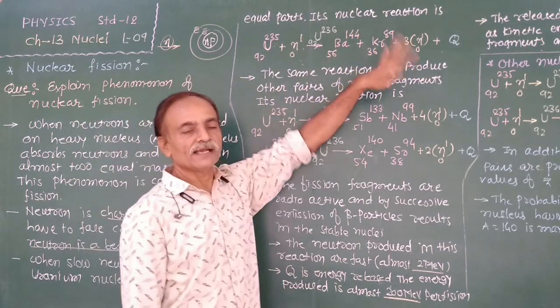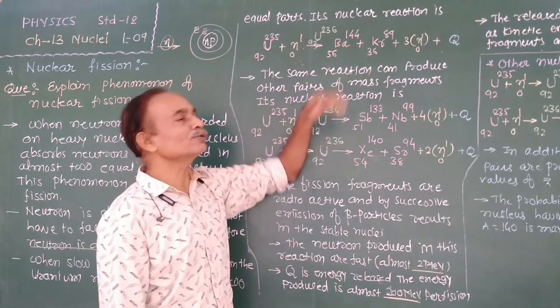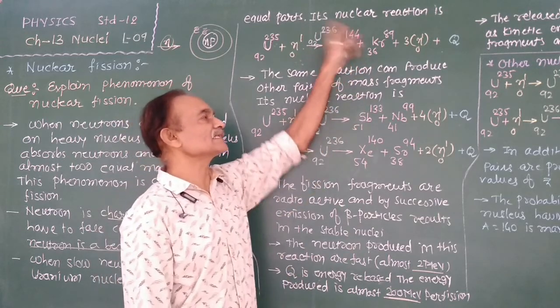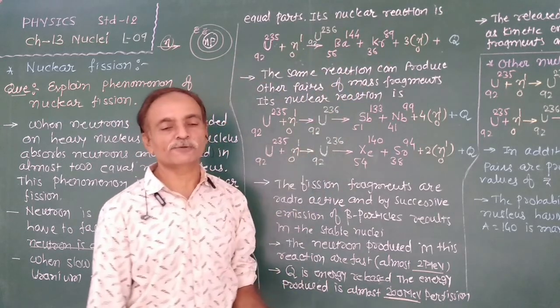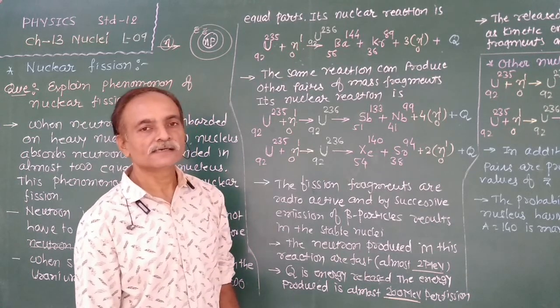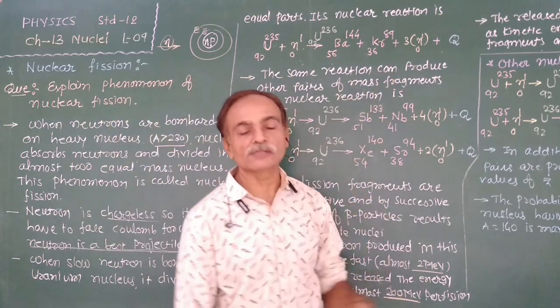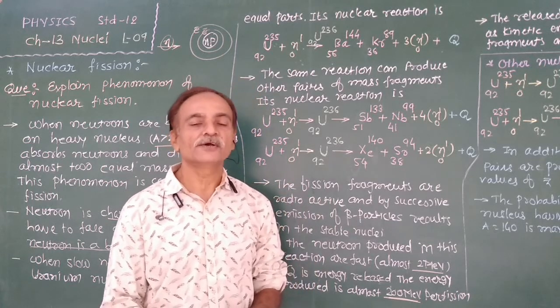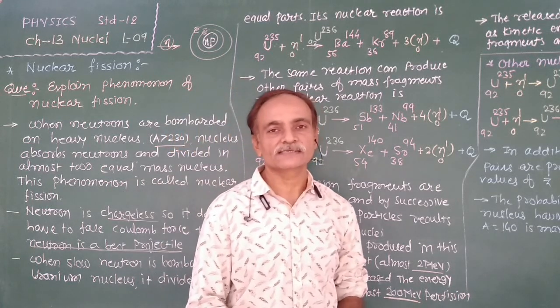After that, it divides into 2 parts: barium 56-144 plus krypton 36-89, plus 3 neutrons are also produced as a product, and Q amount of energy is released.